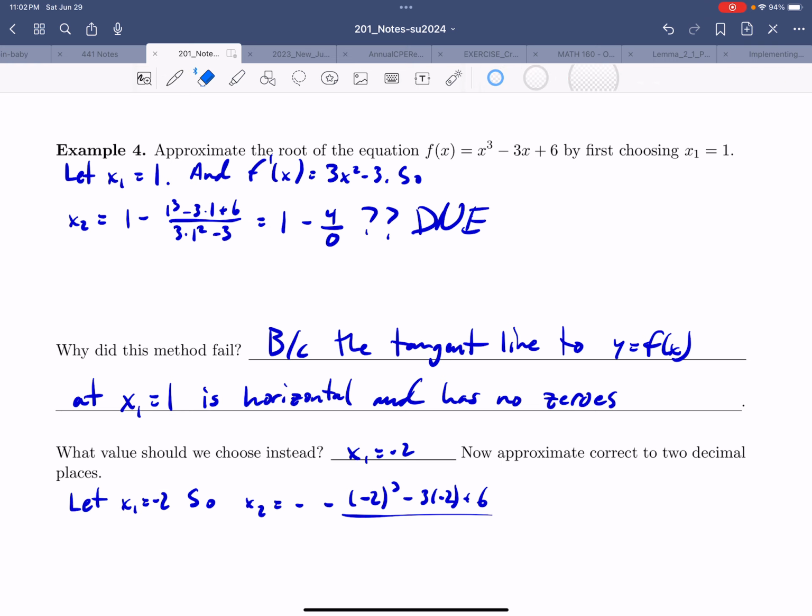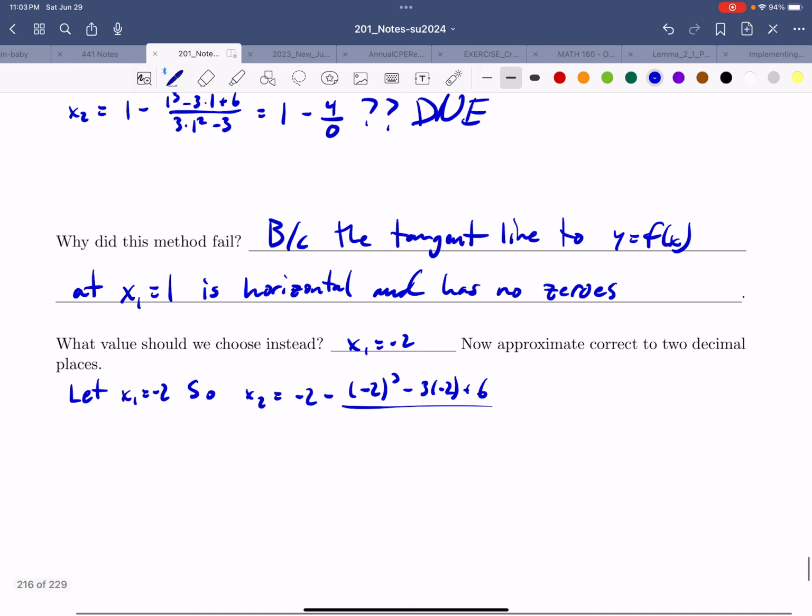There we go. Sorry about that, guys. f prime of negative 2 is going to be 3 times negative 2 squared minus 3, which is 9.